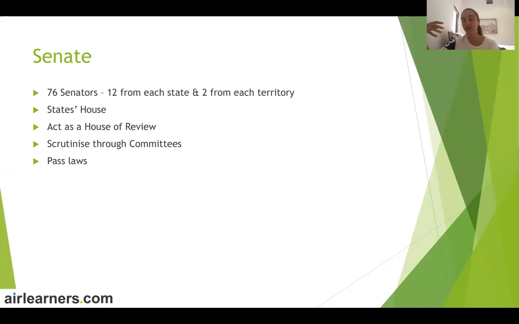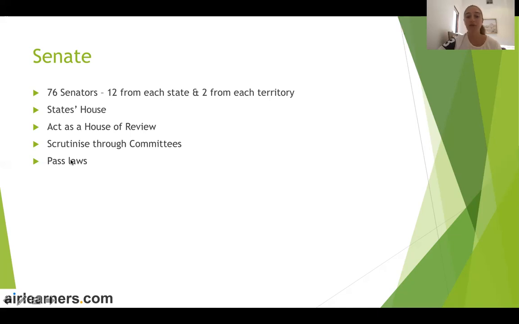The Senate then has to consider all the issues and implications of that bill and make sure that it represents both the people and the states' views as well. If the Senate believes that there's something wrong with the bill and it's not a desirable law for Australia, then they can refuse to vote on that bill and it will be sent back down to the lower house for amendments, or it may be thrown out altogether.